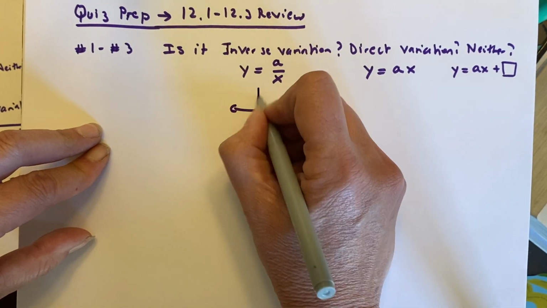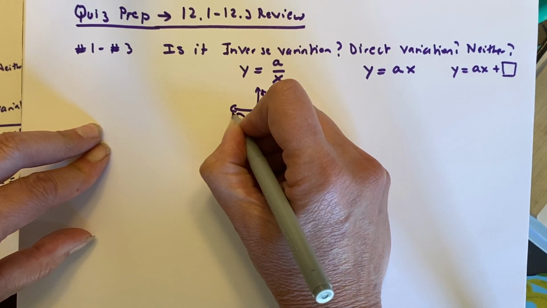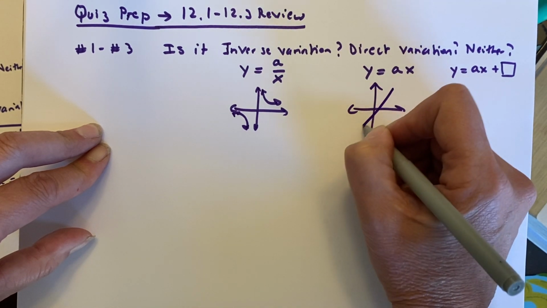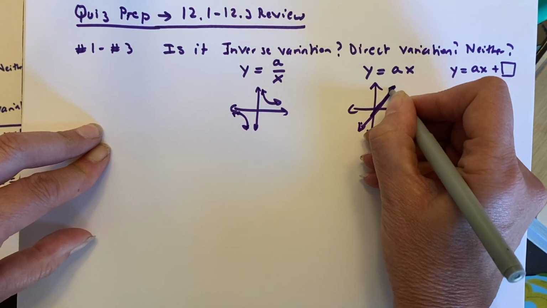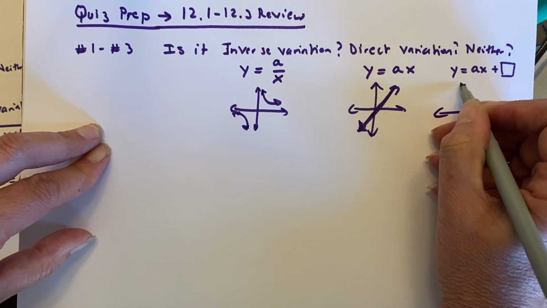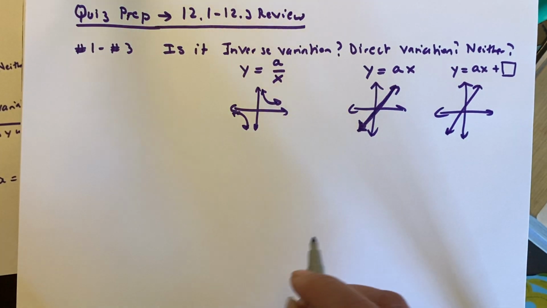Just to review what these look like when they're graphed: inverse variation is your rational function. Direct variation is just a line through the origin, and neither means it's a line, but not a line through the origin. It has another y-intercept somewhere.